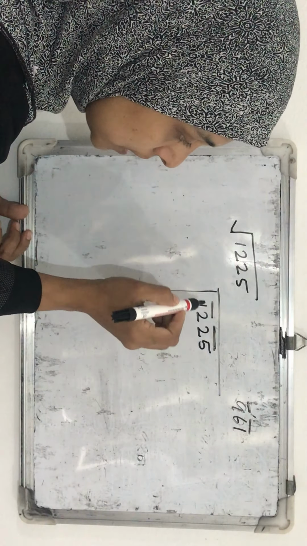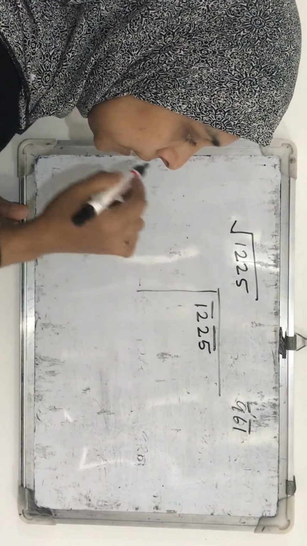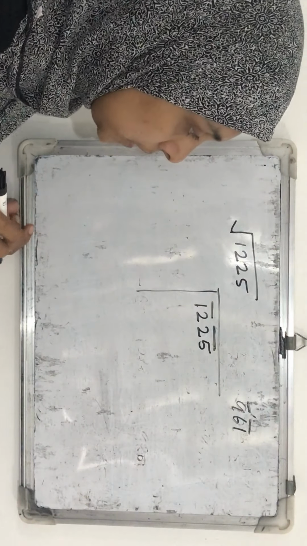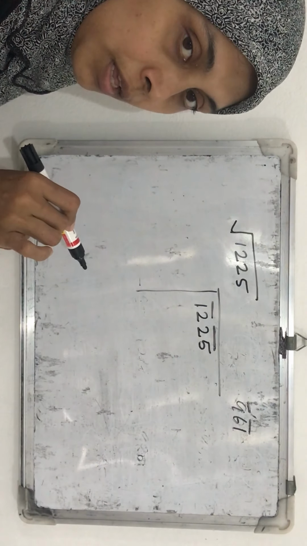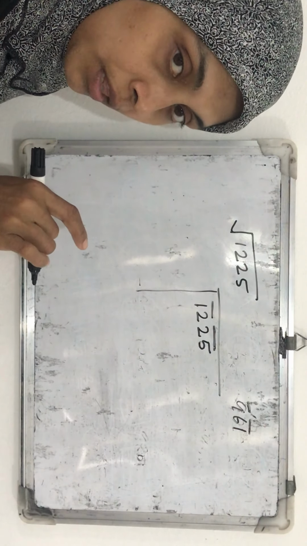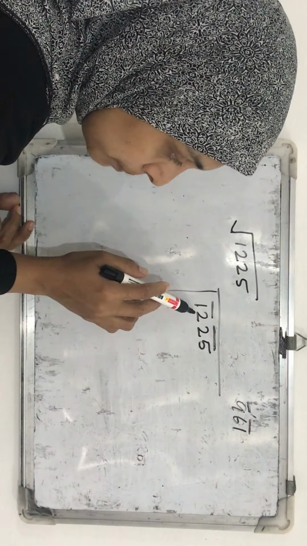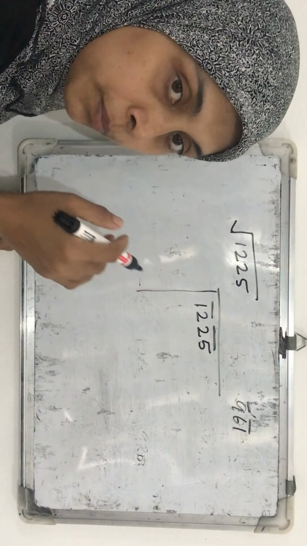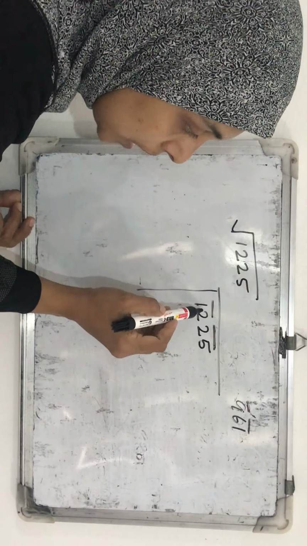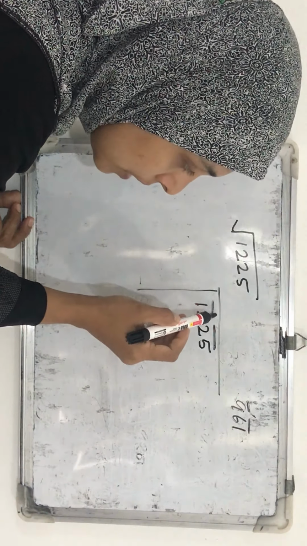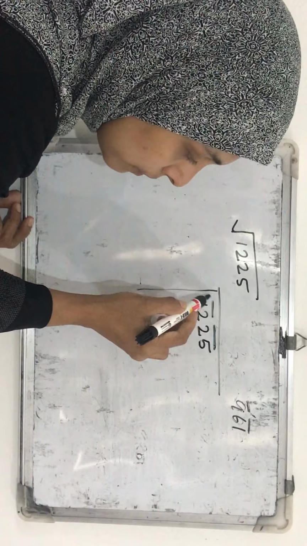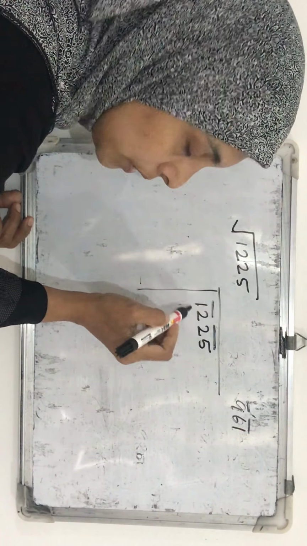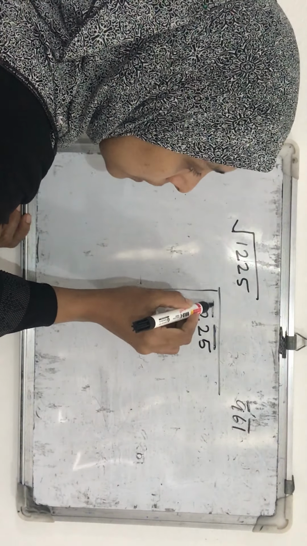So the first one is this, the second pair is this. Now the next step is, we want to find a number. We want to find a square number which is just below this 12. First we want to take the digits under the first bar in full.